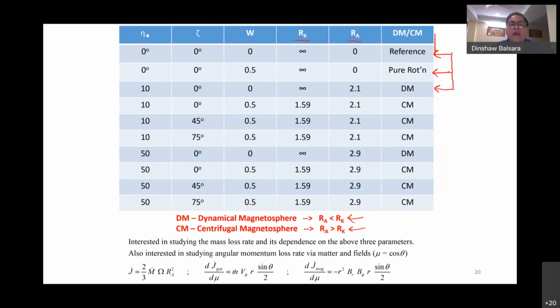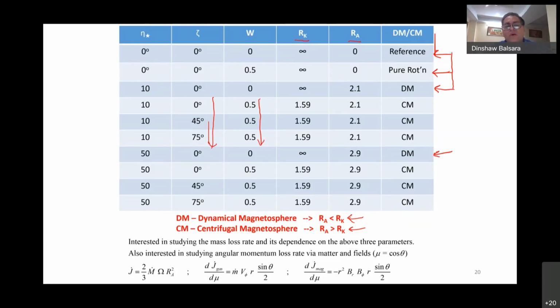Then we make three more simulations where we spin up the star, and we also introduce a certain amount of tilt to the angle between the rotational axis and the magnetic dipole axis. Then we have an even stronger magnetic field out here with no rotation.